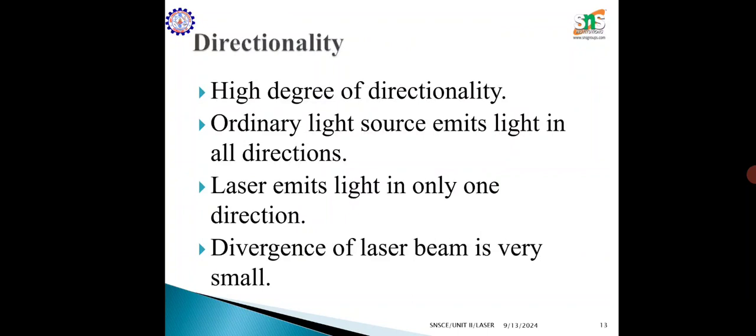The first one is directionality. It can travel a long distance with less divergence. We can compare with ordinary light: ordinary light has a larger divergence, but the laser has a small divergence angle and can travel a long distance.